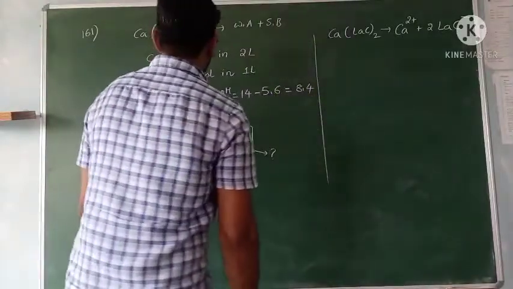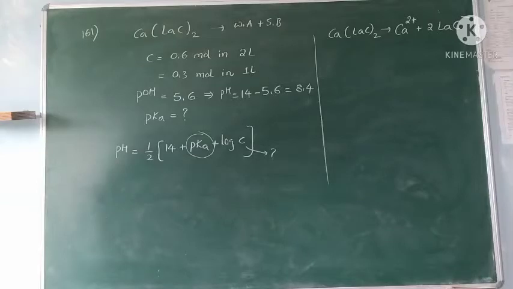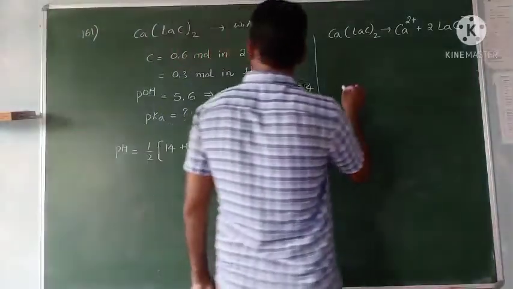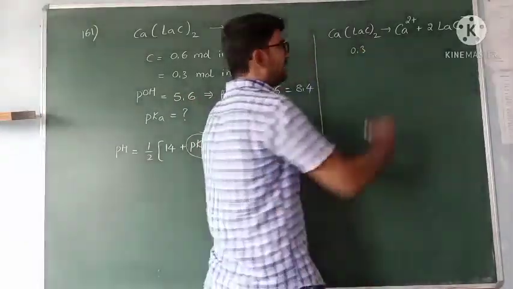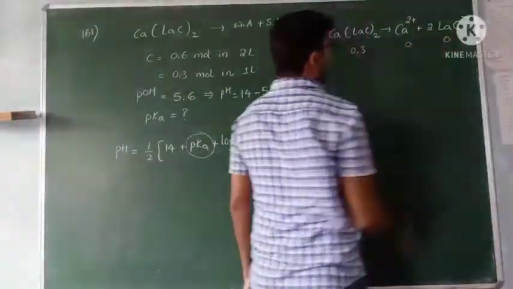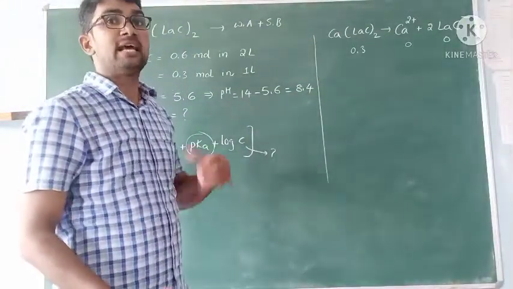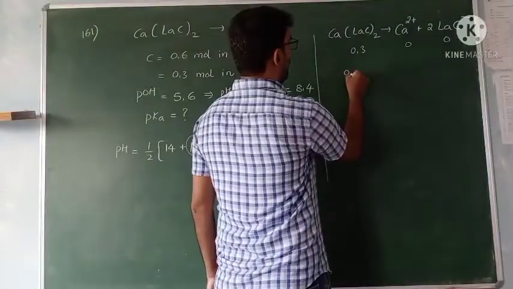Initially, of course, the dissociation is given. If 90% dissociation of this salt takes place, how much? So initial concentration is 0.3, and products are 0. After some time, 90% dissociation takes place, so only 10% is left on the reactant side.